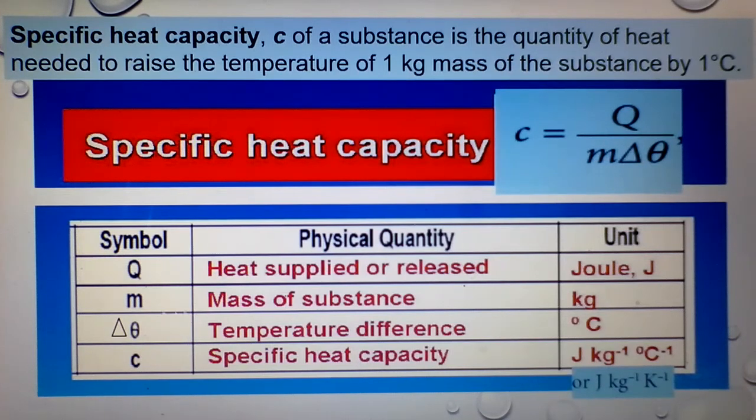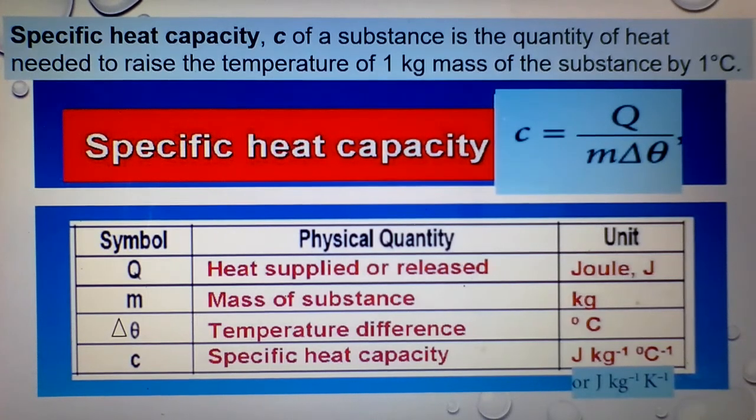Now look at what the symbols mean. For Q, heat supplied or released, the unit is joule. m is mass of substance, unit kilogram. Delta theta is temperature difference. It can be a temperature rise or a decrease in temperature. The unit is degree Celsius. We can also use Kelvin because the temperature difference has the same value in Kelvin.